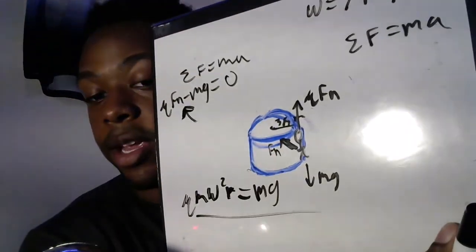So our final equation, let me erase a little bit. The equation would be mu times mass times omega squared times r minus mg equals 0, but let's move the mg over, so that equals mg, right? Do a little algebra, cancel out our masses.